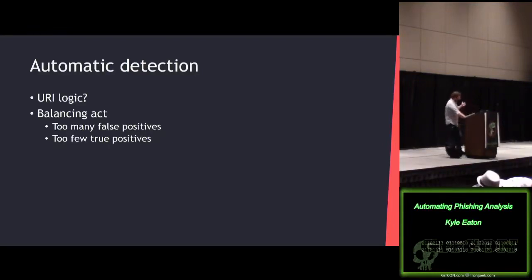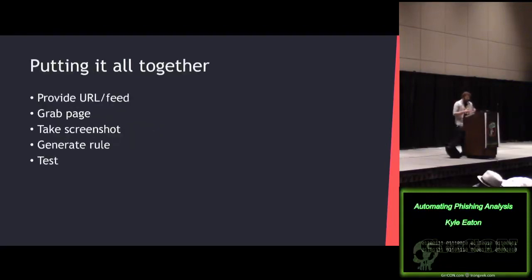So at this point, we've seen how to automate the detection, so we'll wrap it all together. This is where I think people will be able to get the most benefit from it. You have to provide either a URL or a feed of URLs to the tool. The feed that I like to use is URLScan. If anyone's not familiar with URLScan, check it out.